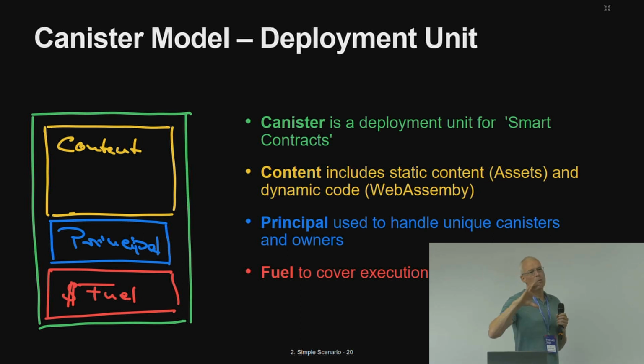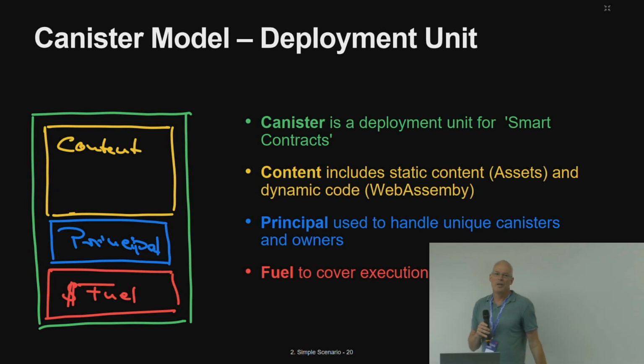This is managed within this canister. And finally you've got some fuel, as it's called. This is a kind of prepaid execution time for this canister, so you have to charge before executing the code.